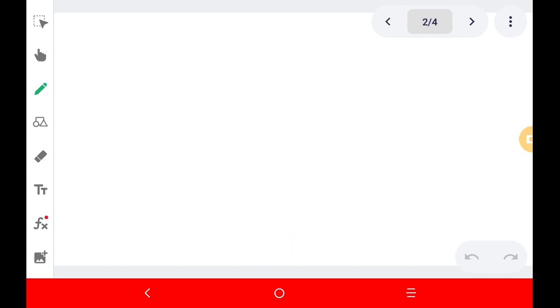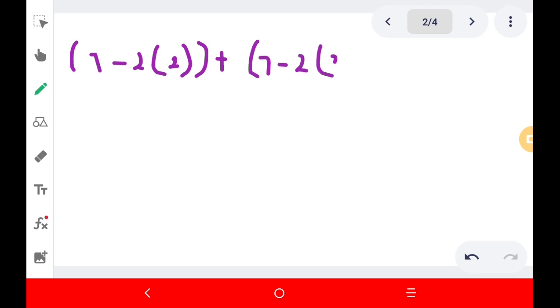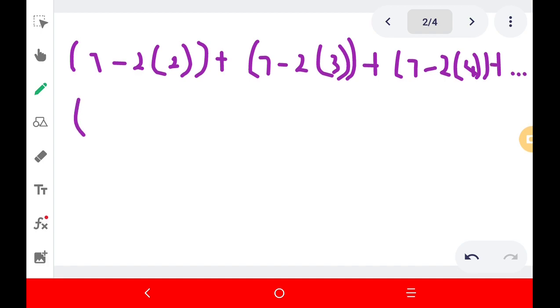So we have 7 minus 2 multiplied by 2 to get the first term, plus 7 minus 2 multiplied by 3 to get the second term, plus 7 minus 2 multiplied by 4 to get the third term, plus some dots, and then we go to our last term. The value that we need to substitute to get our last term is 100, and then we calculate this.